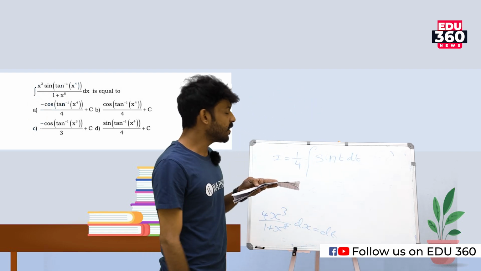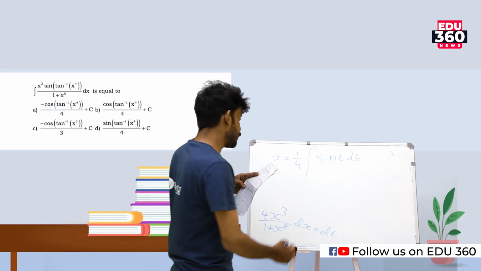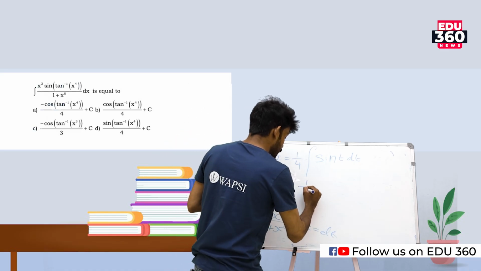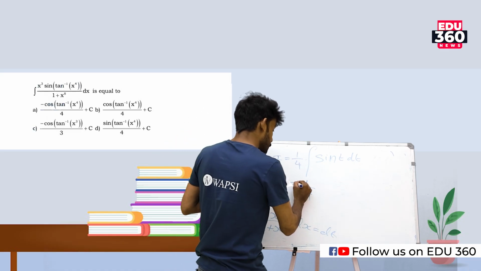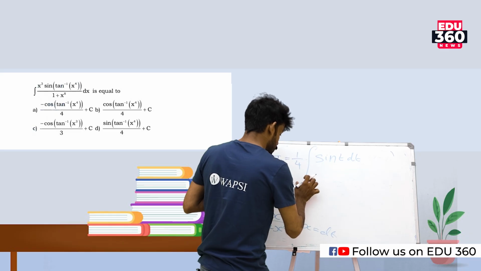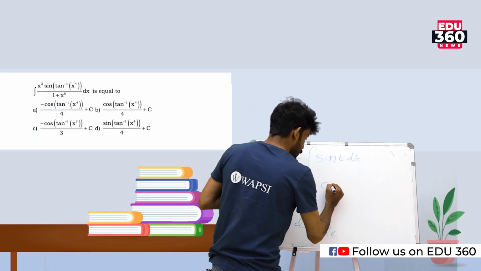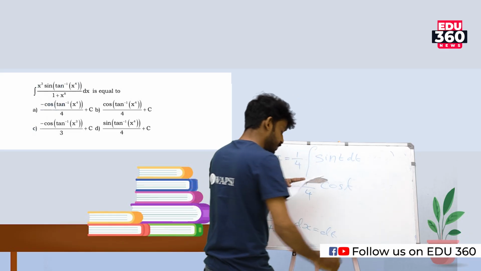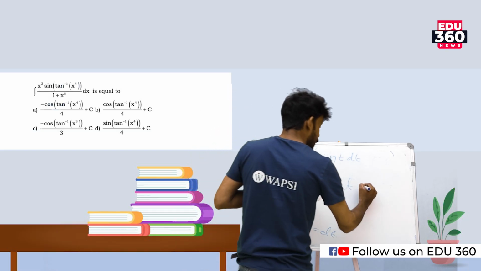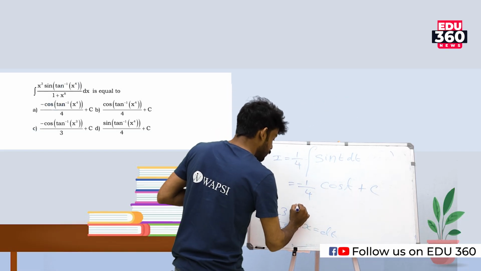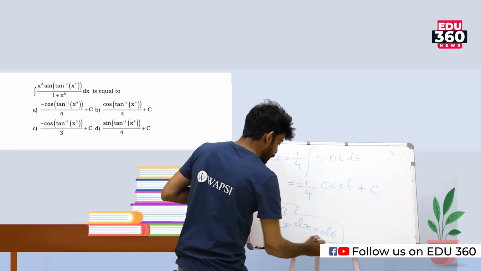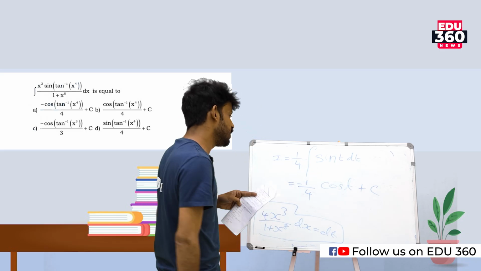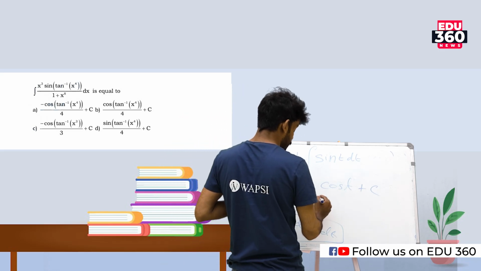So what is the integral of sin t dt? That is minus cos t. So that is equal to 1 by 4 into minus cos t plus c. Okay, so in the next step, just substitute the value of t here.